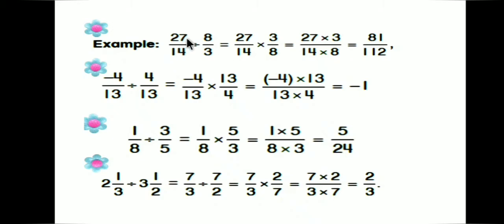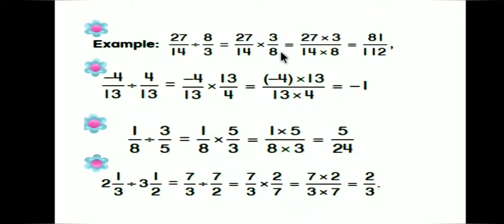Let us see some examples. Our first sum is 27 upon 14 divided by 8 upon 3. We will write the first rational number as it is, that is 27 upon 14, and we will change the sign of division to multiplication. Now we will multiply the first rational number by the reciprocal of the second rational number. The reciprocal of 8 upon 3 will be 3 upon 8.